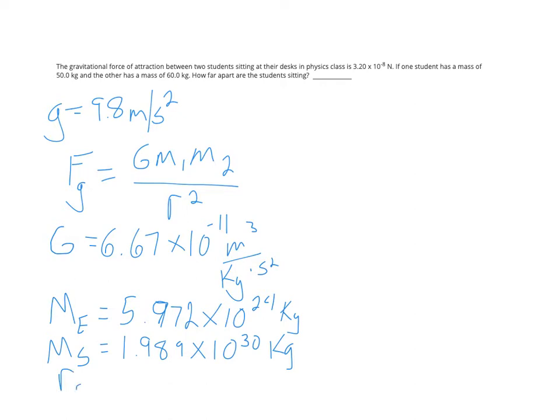So the radius of the Earth is 6.3781 times 10 to the third meters.